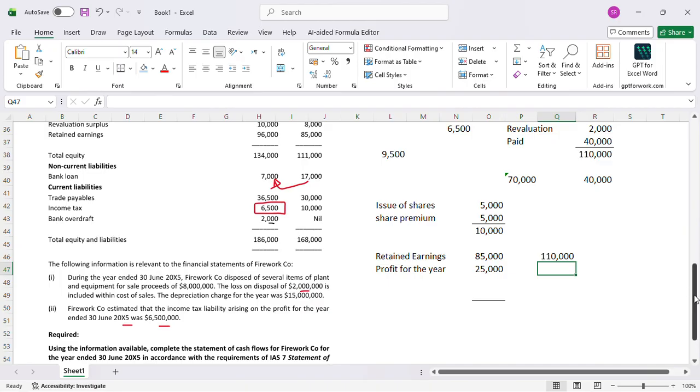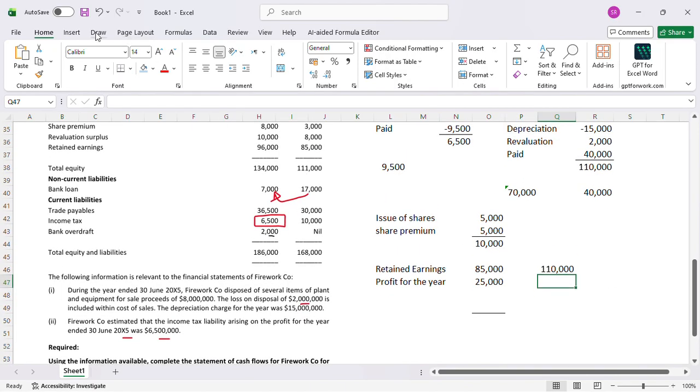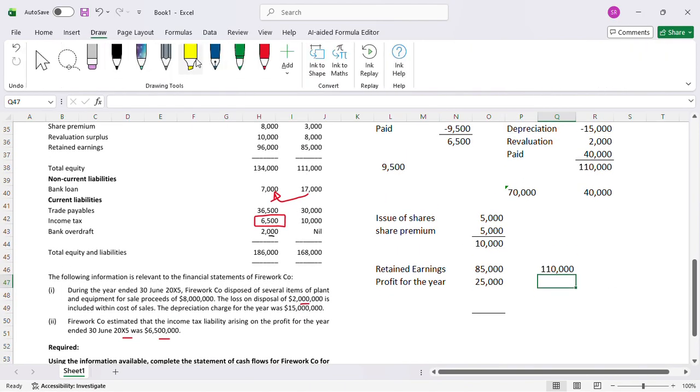The retained earnings at the end of the year is 96,000, meaning we must have paid some dividend. Now, what is the amount that we paid as dividend? It must be 110,000 minus 96,000. So we must have paid 14,000 in terms of dividend.